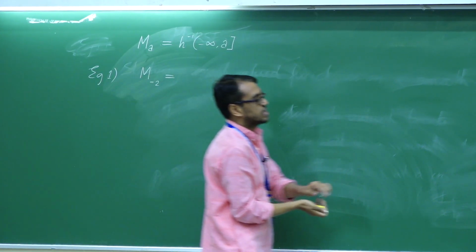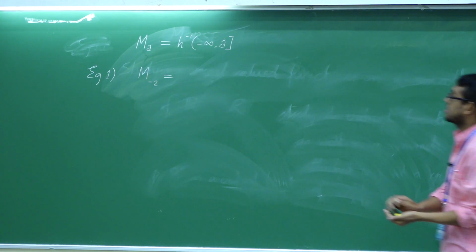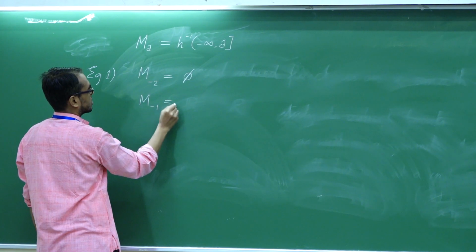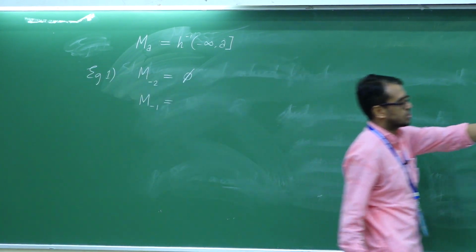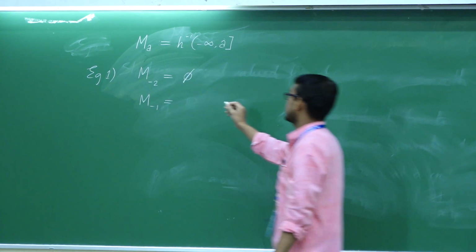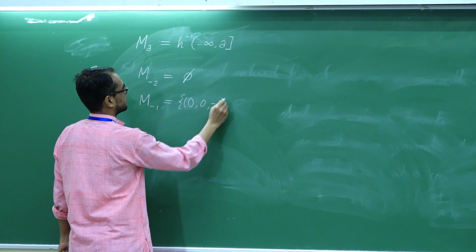This is everything which is contained in h inverse from minus infinity to minus 2, where this never hits minus 2. So that should be the empty set. What about M of minus 1? This is just a single point, because the only one which gets minus 1 is the south pole. That's just 1 point, (0, 0, minus 1).